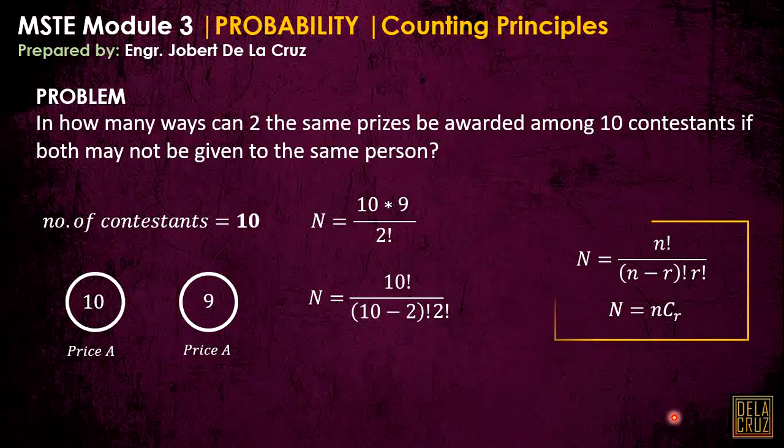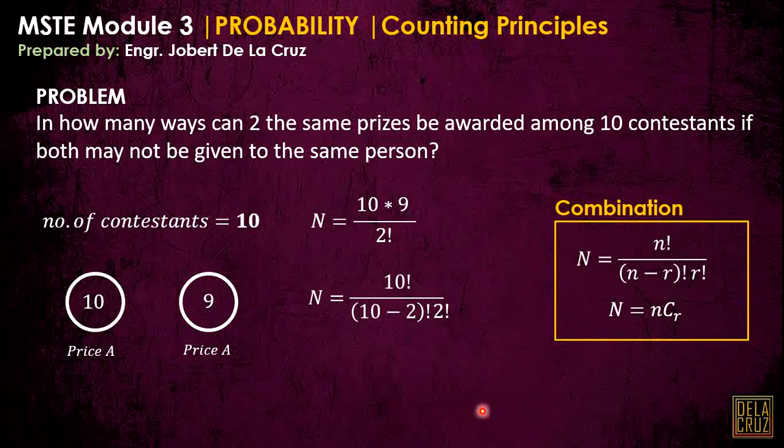Now, as you observe, permutation and combination are parehas lang, no? In the concept, the same lang talaga sila. But, yung sa combination lang, tatanggalin natin yung redundancy or yung redundant arrangement. The same lang talaga sila. Okay?